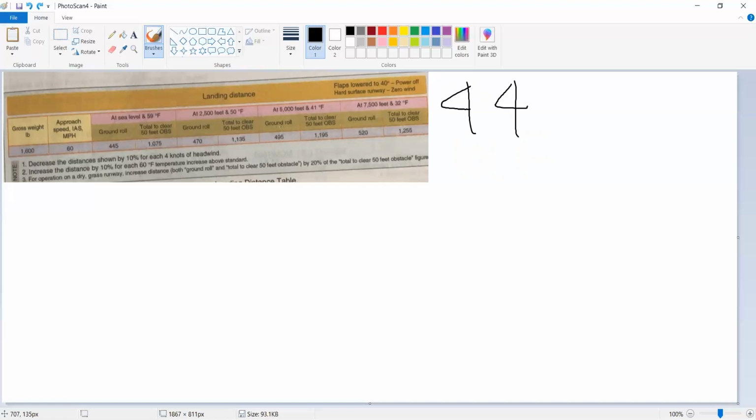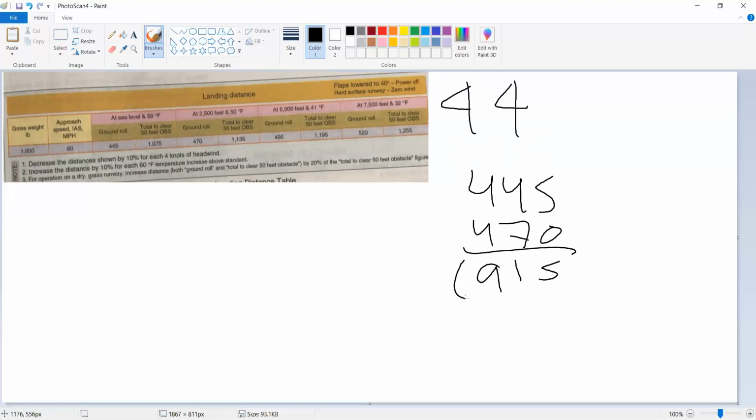All right, so we'll do it over here. We have 445 and 470. So that's 915, and we need to divide by 2.